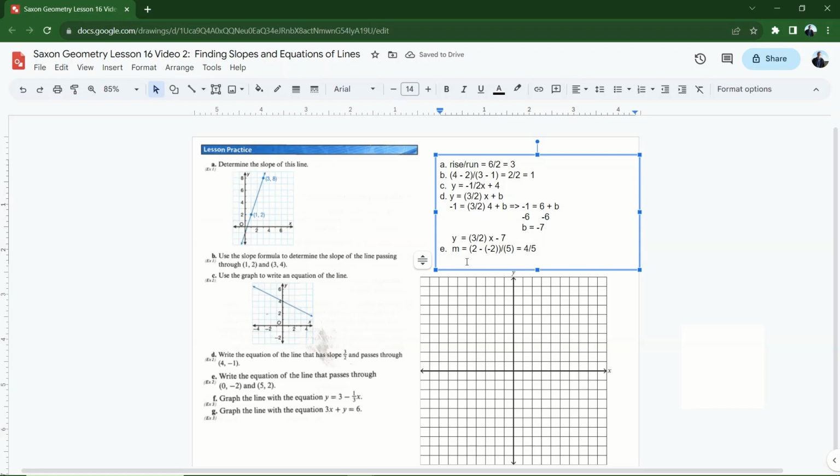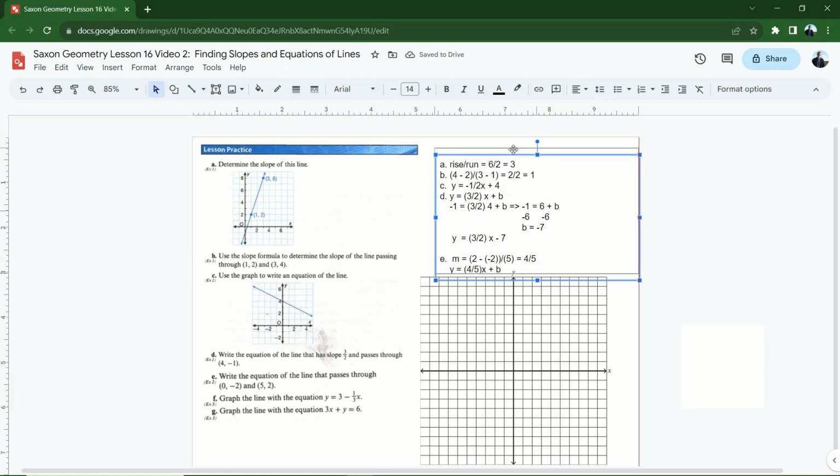Otherwise, if I didn't know the y-intercept, I would just write this out in slope-intercept form like we did before. Y equals 4 over 5 x plus b. I'm going to put a degree of separation there so we can see this a little better.